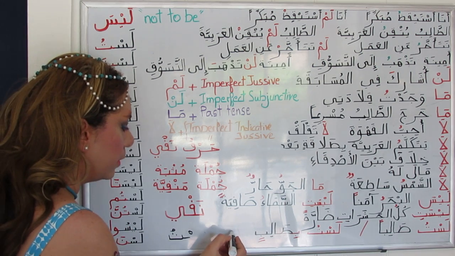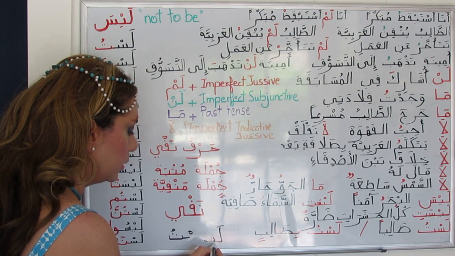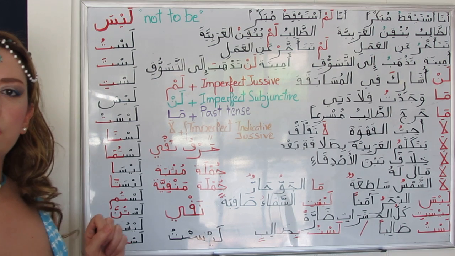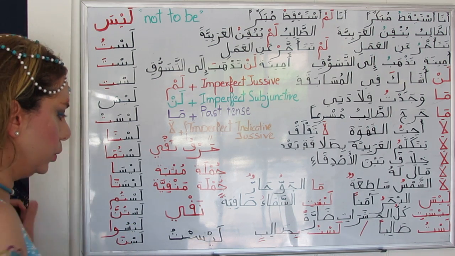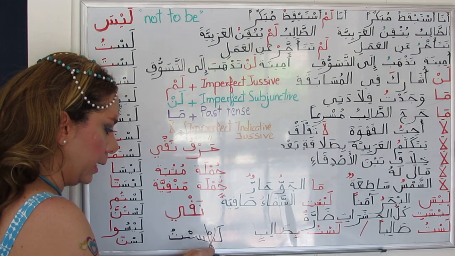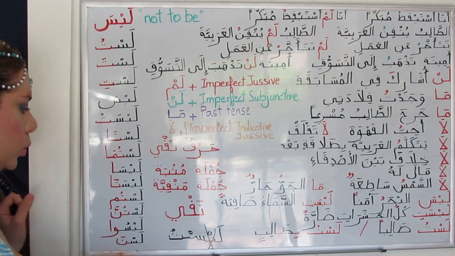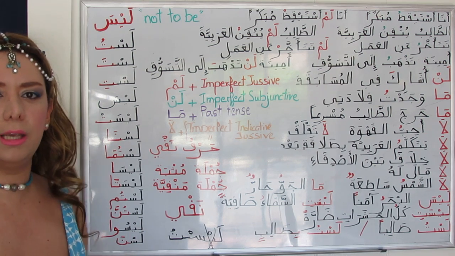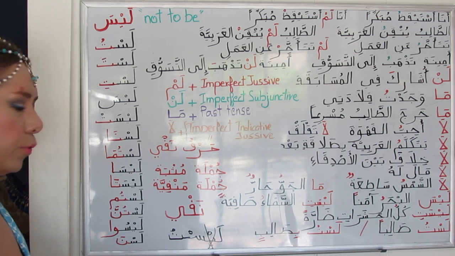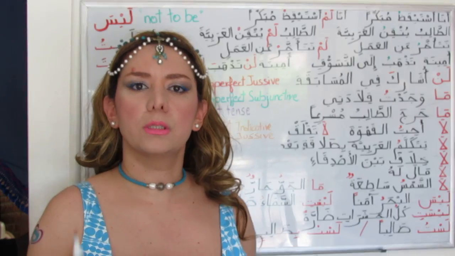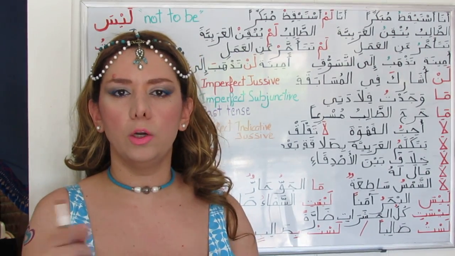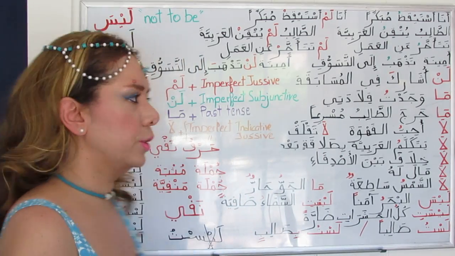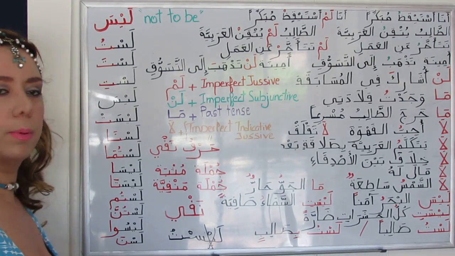So we would have la, y, s, tu. So the grammarians decided to cancel this ya with sukun and say just lestu, I'm not, to facilitate the pronunciation. So for defective verbs, hollow verbs, the ones that contain one of the weak letters, they may be omitted during the conjugation. And this is one example of these verbs.